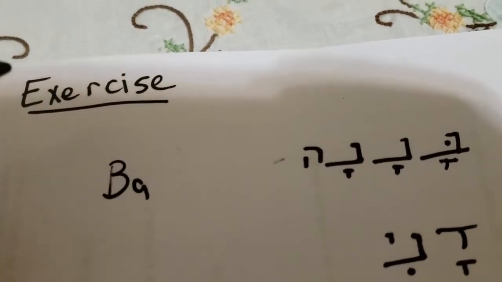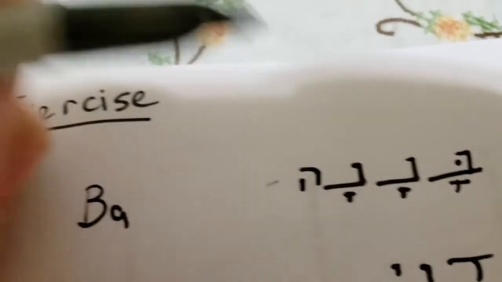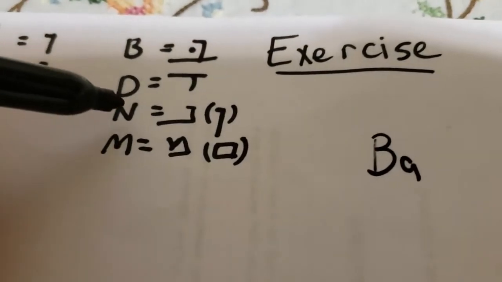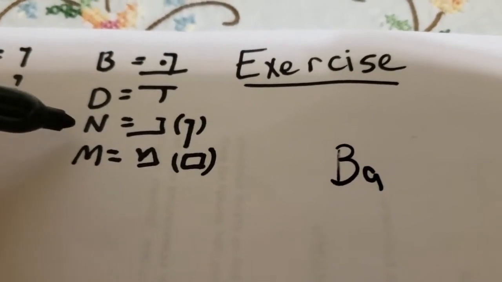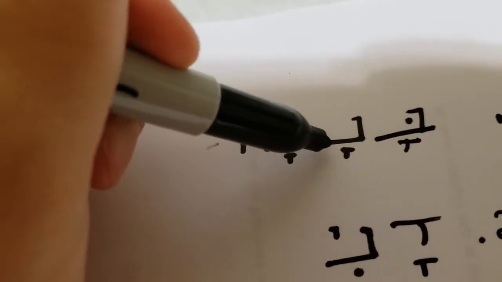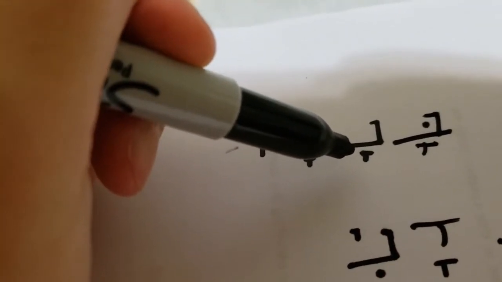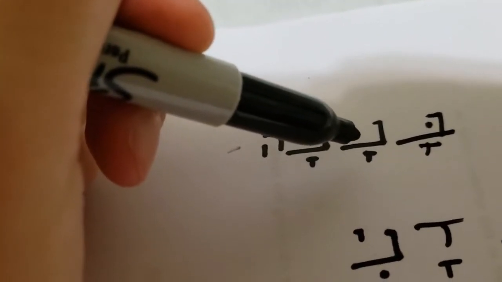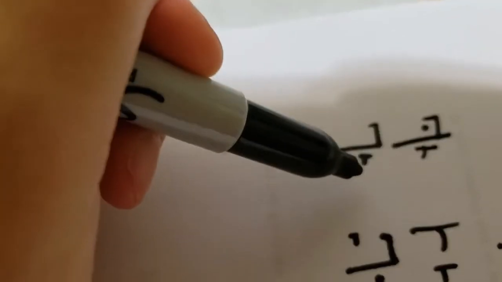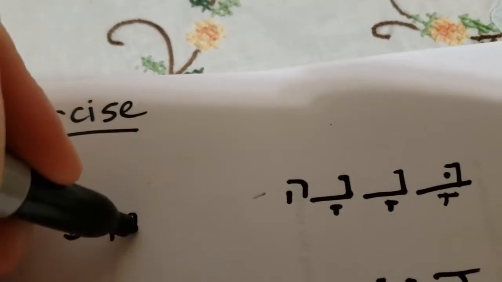Let's look at the next letter. Next letter is nun. Nun is N, and then we have the vowel under, the same thing as the B, is kamatz. Kamatz is A. So we have N and then A. So N-A is na.